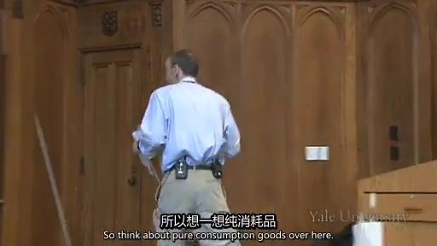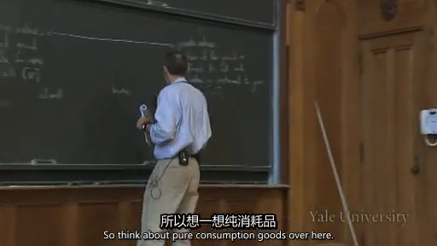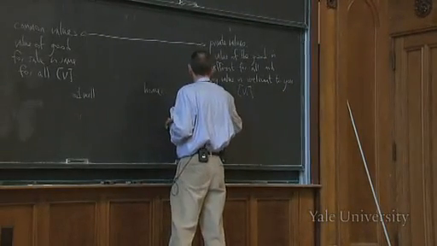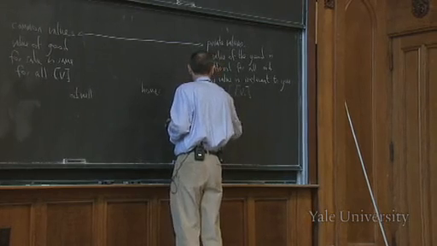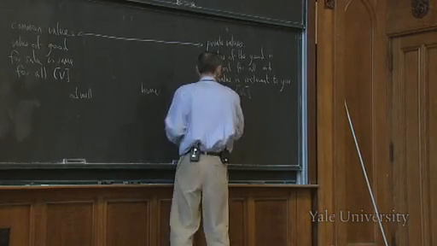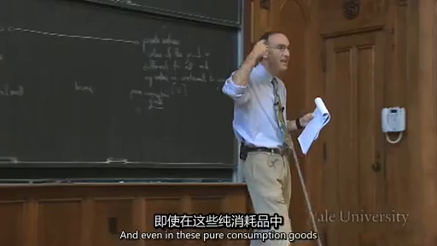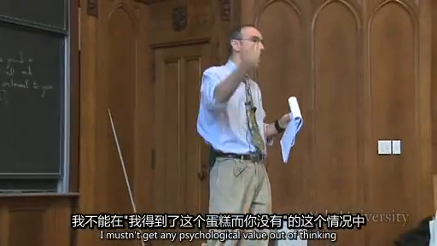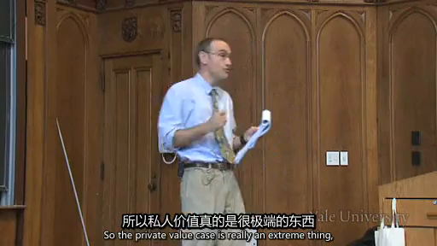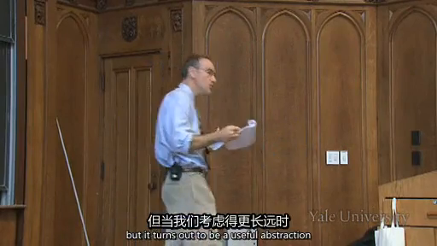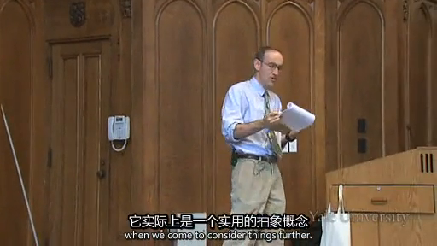So think about pure consumption goods over here. And even in these pure consumption goods, I mustn't get any psychological value out of thinking I managed to get that cake and you didn't. So the private value case is really an extreme thing, but it turns out to be a useful abstraction when we come to consider things further.